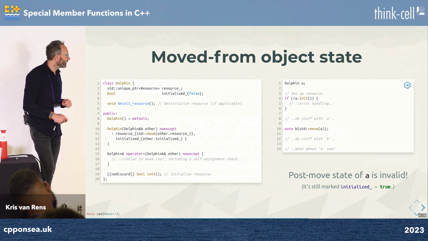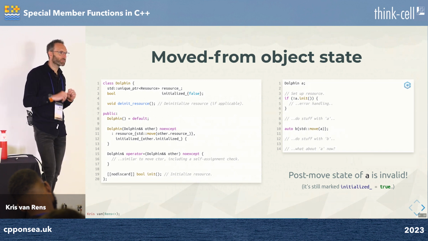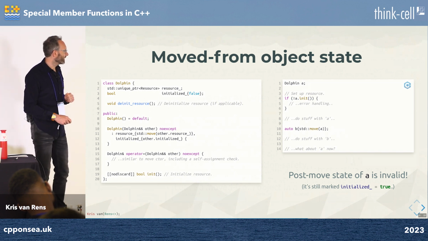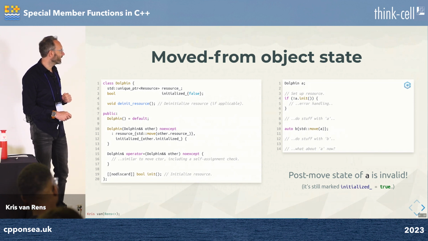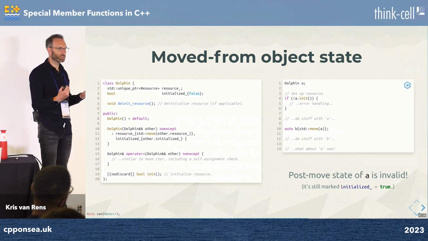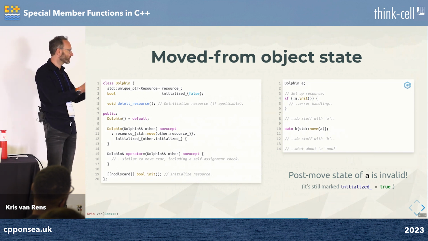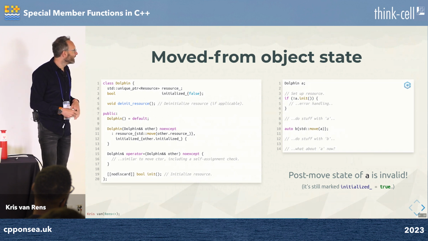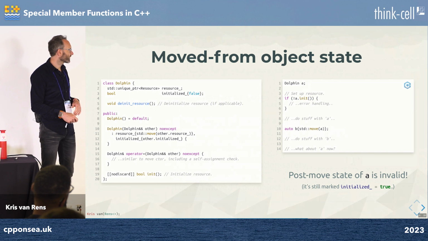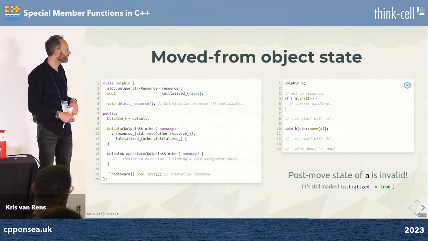But that means that we also have to reset all the administration stuff that was going on in A. So right here, the post-move state of A is invalid because even though the resource was moved, so the unique pointer is null, so the resource is gone, it's in B now, the administration for the initialization state was not moved or reset properly.